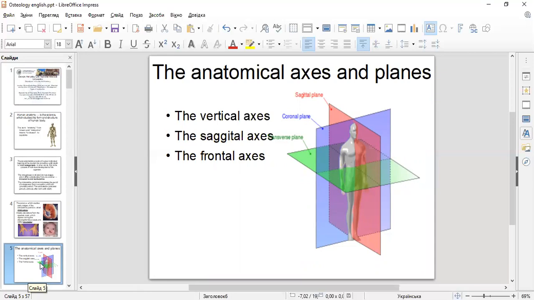And we also have 3 very important planes: sagittal planes, frontal plane, and horizontal or transverse plane.